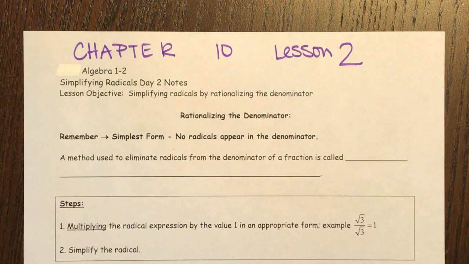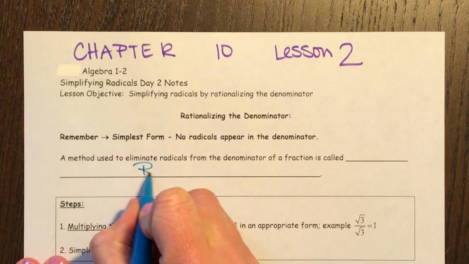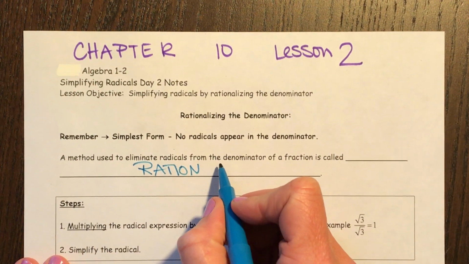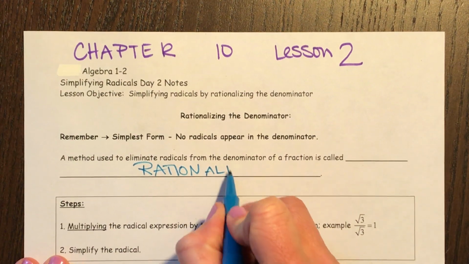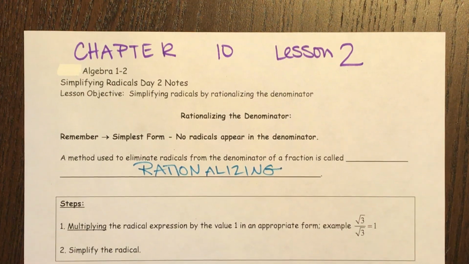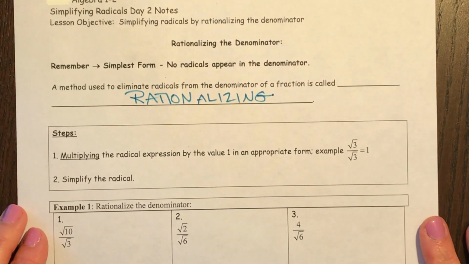A method used to eliminate the radical from the denominator of a fraction is called rationalizing. Now, there are a couple of steps.